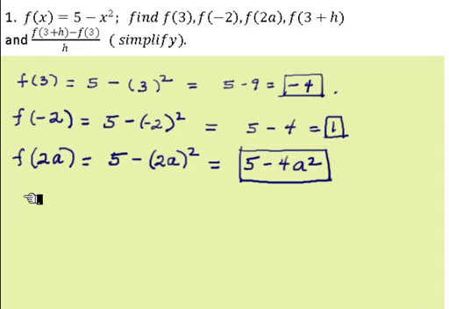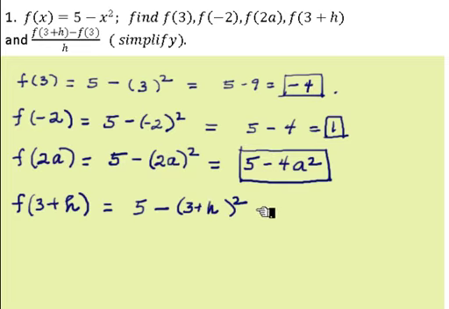All right, and now we're going to form f of 3 plus h. Okay, again, 5 minus parentheses squared, and we'll put the 3 plus h right in here. All right, now it's important when we square out the 3 plus h, keep it in parentheses.